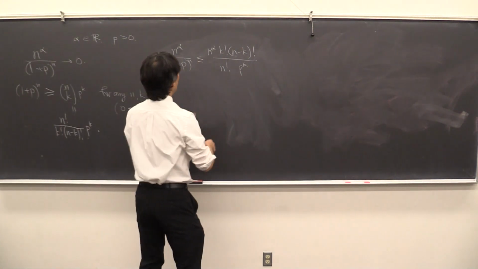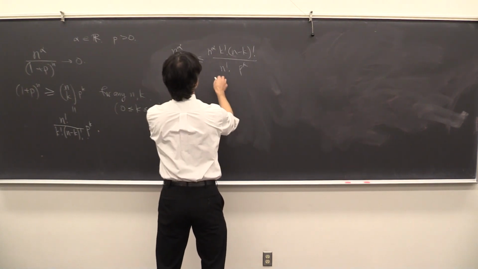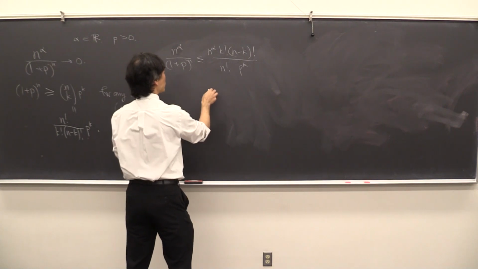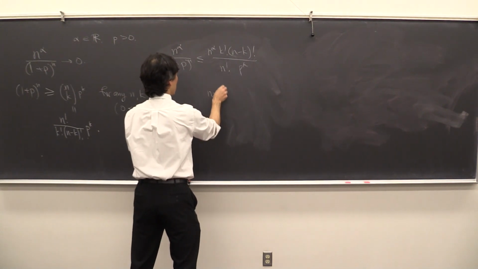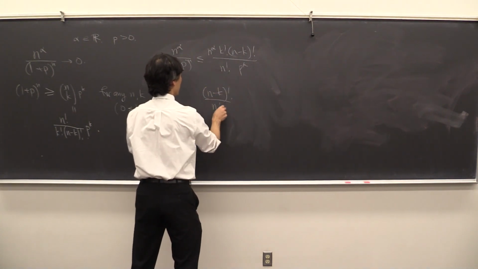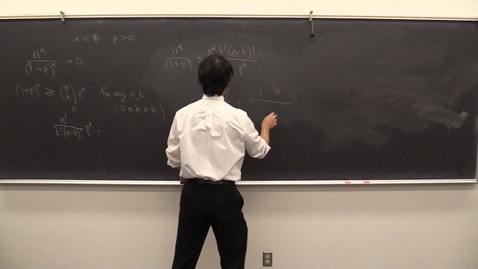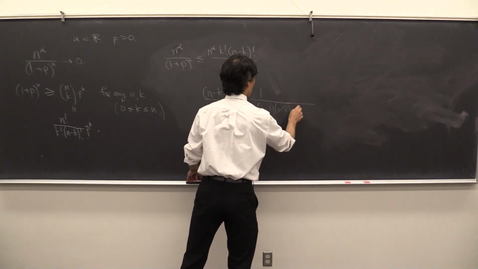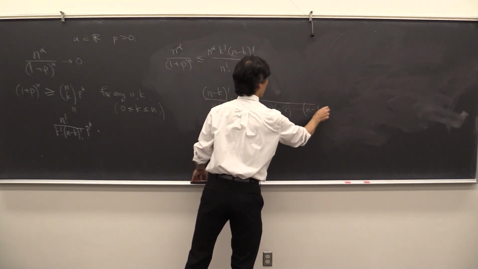Now what we do is we notice that this n factorial over (n minus k) factorial is n times n minus 1, n minus 2, dot dot dot, n minus k plus 1.